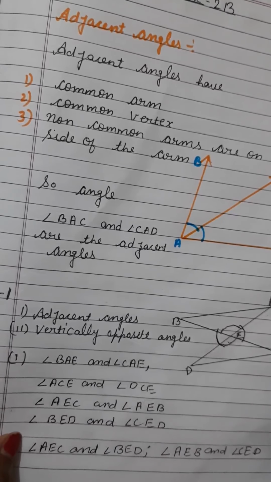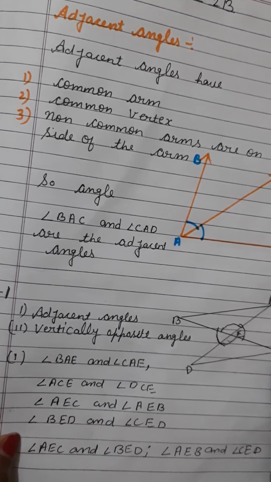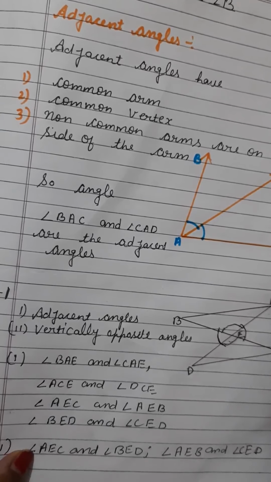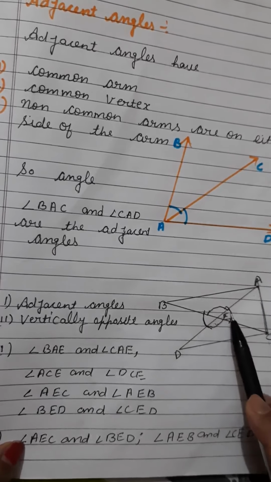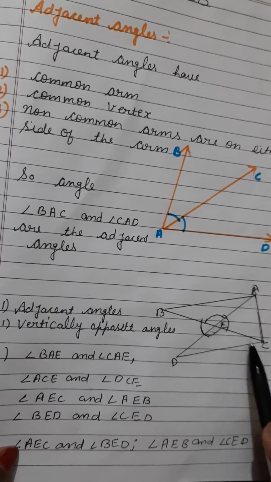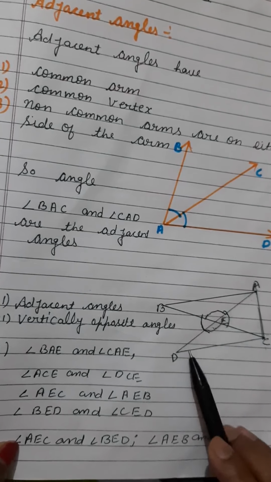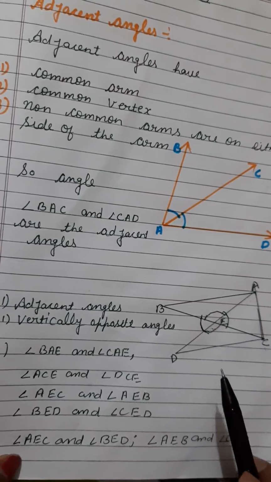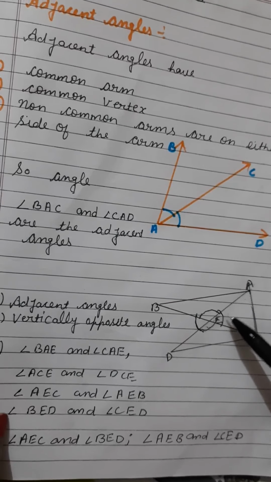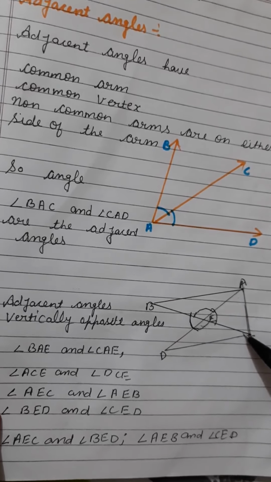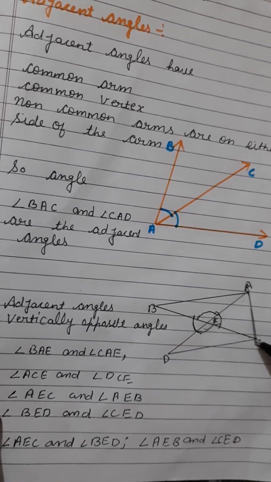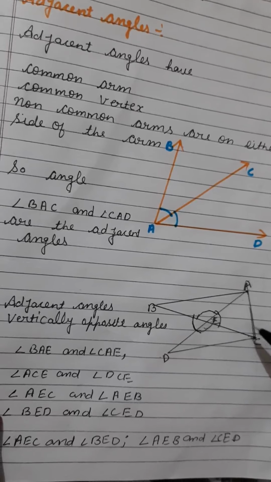Now you just look here, C is the vertex, and angle ACE and angle DCE, meaning EC is the common arm, so they are also adjacent angles. Now AEC and AEB, this time the common arm is EC.